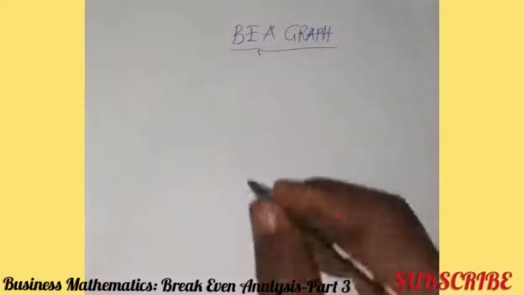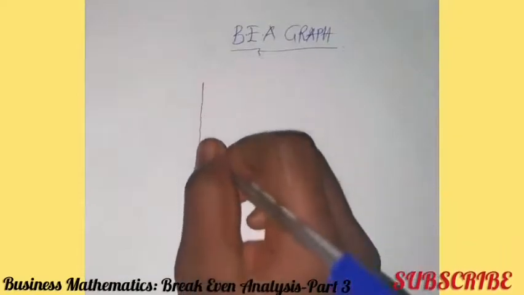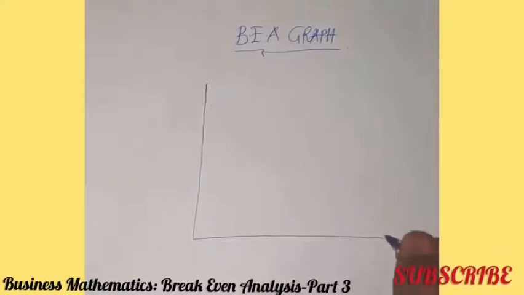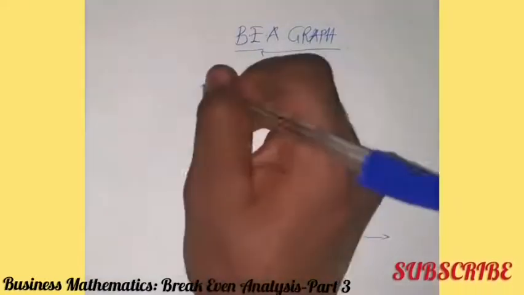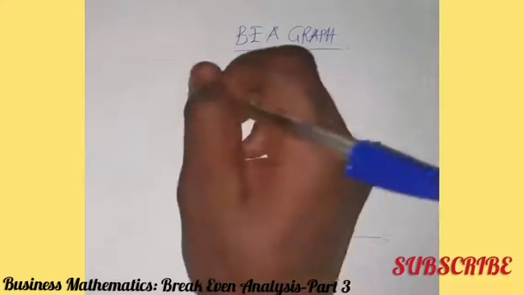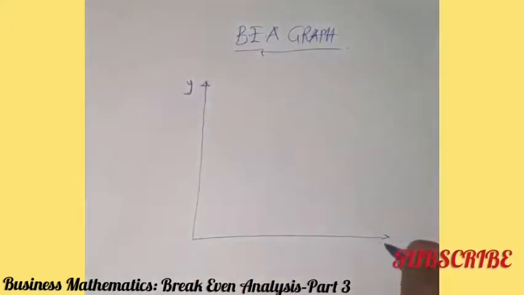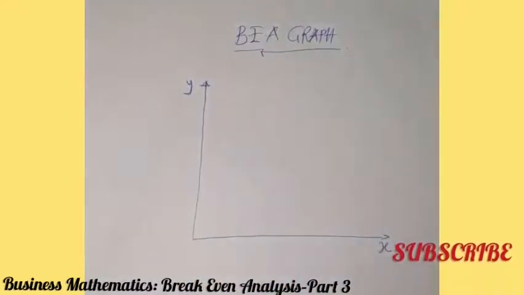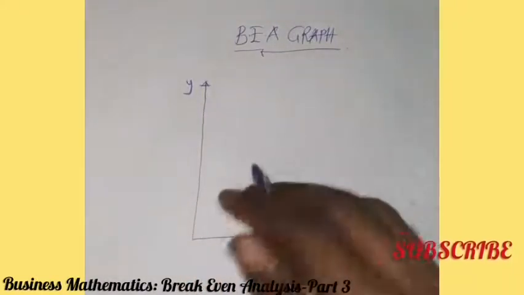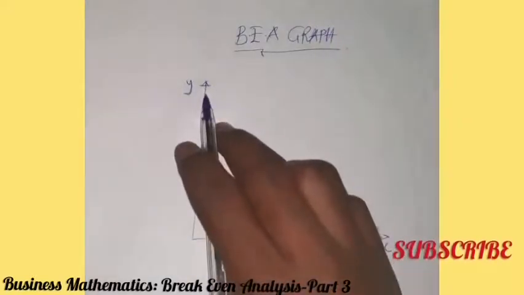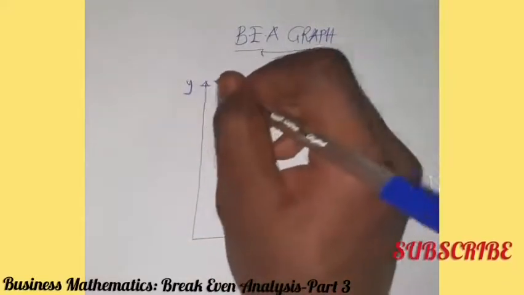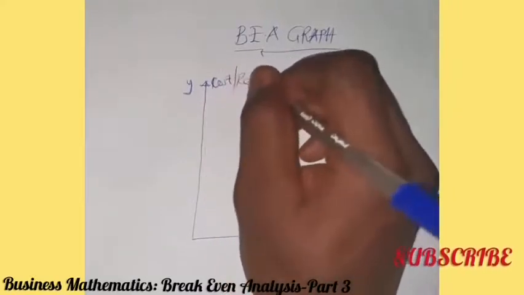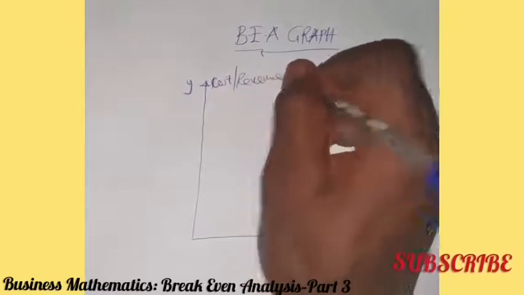Right, so now if I have this vertical line being joined by a horizontal line, we call this line your Y axis, and you call this one your X axis. In business costing, we say this vertical axis can be called your cost or revenue axis.